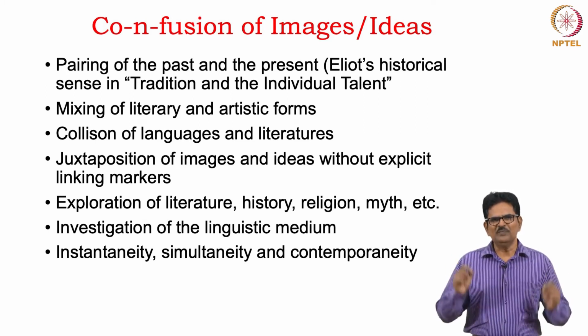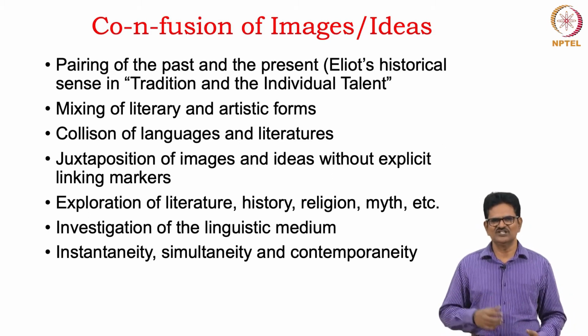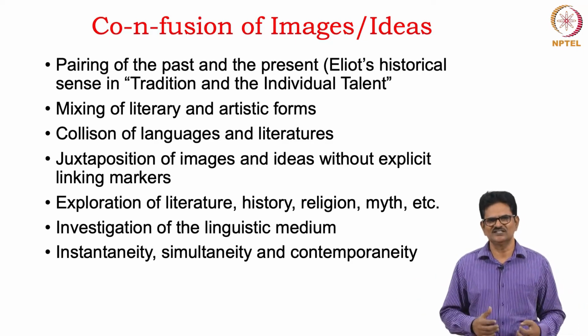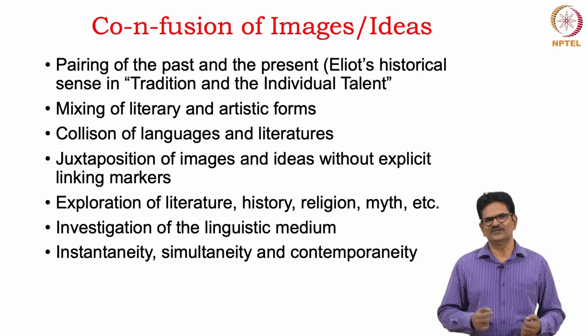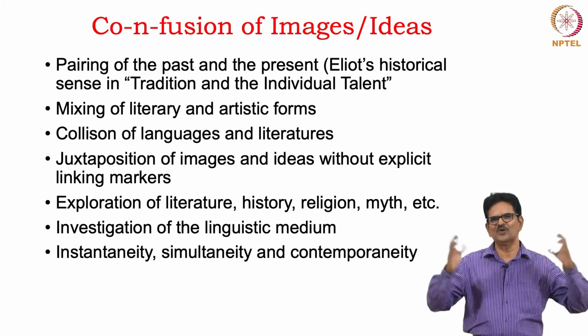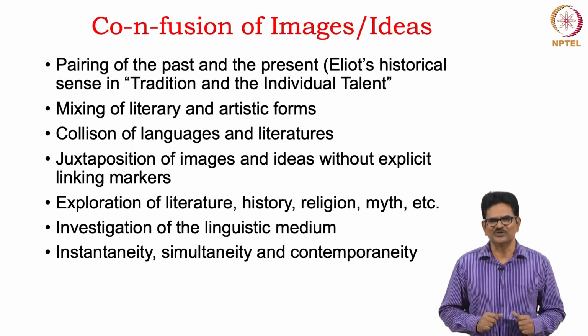We have a mix of literary and artistic forms, collision of languages and literatures. So, we have many kinds of languages and literatures in modernist poetry. One of the statements of Eliot we have to remember at this time is that the modernist poet will have to bring the entire European literature and life, culture in general, into his poem.